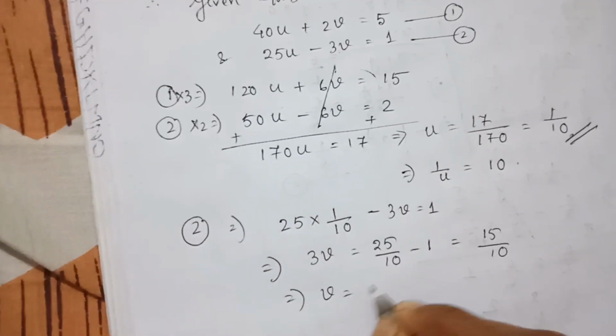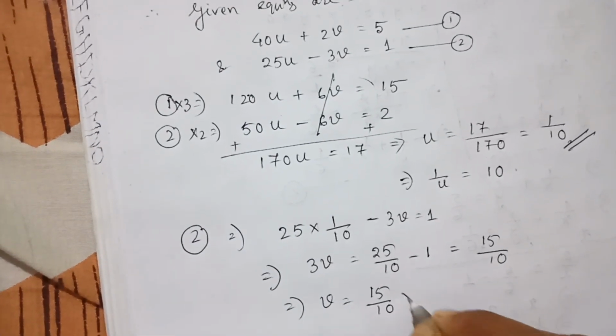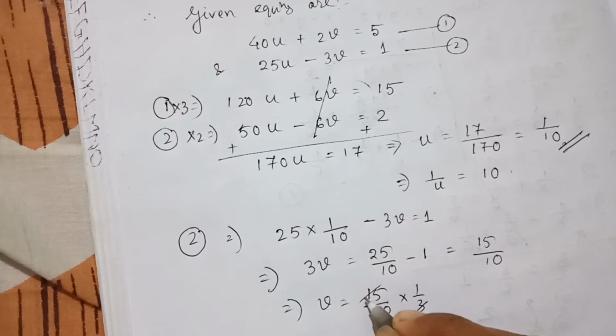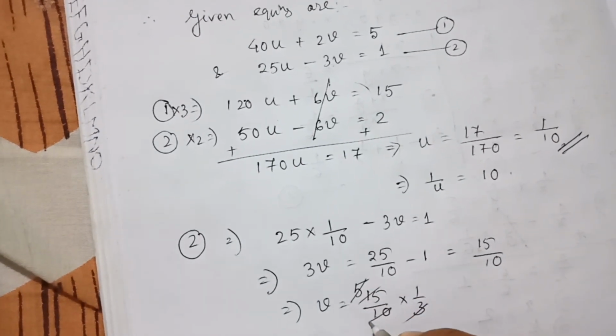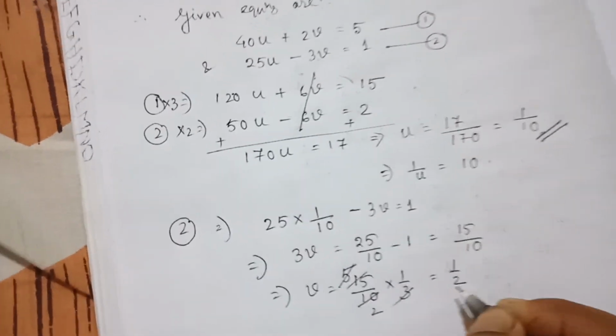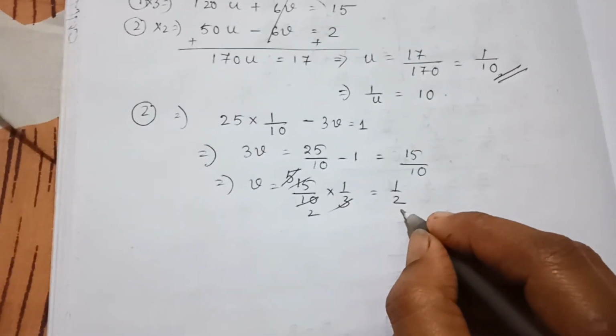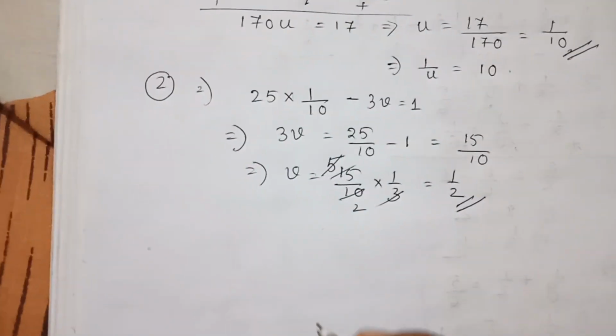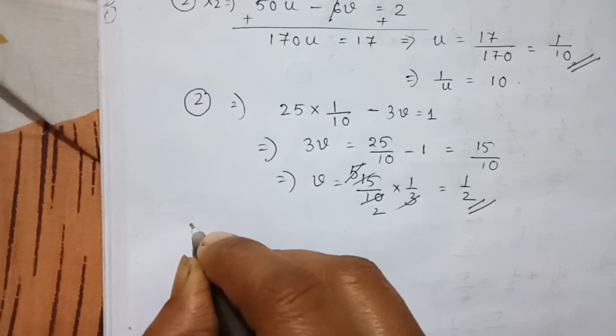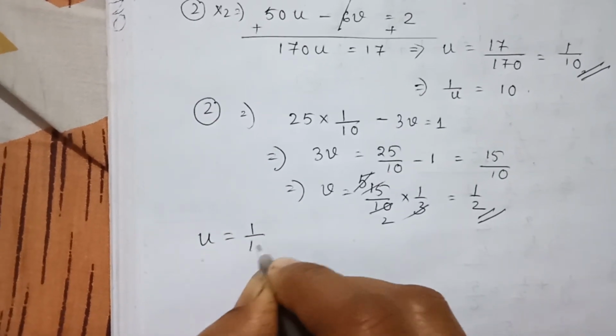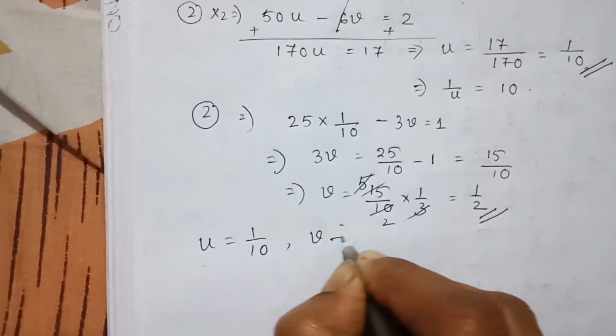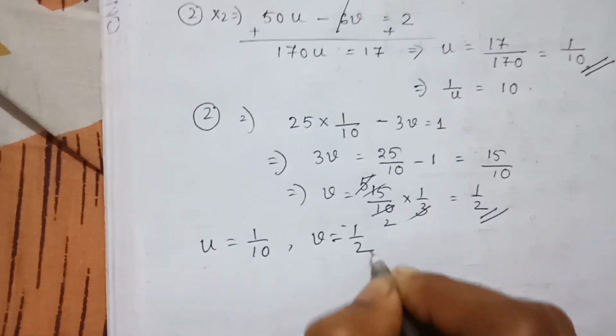That means v equals 15 by 10 into 1 by 3. So 3 5s are 15, 5 2s are 10. So it's ultimately 1 by 2. That means v equals 1 by 2. u equals 1 by 10. v equals 1 by 2.